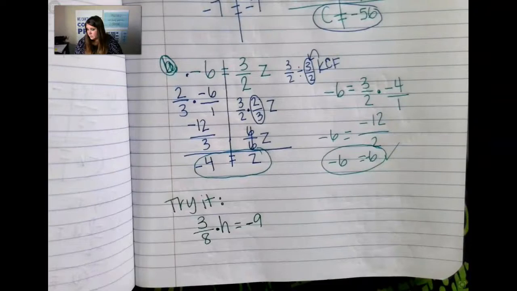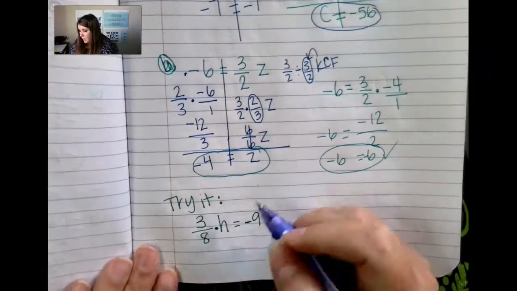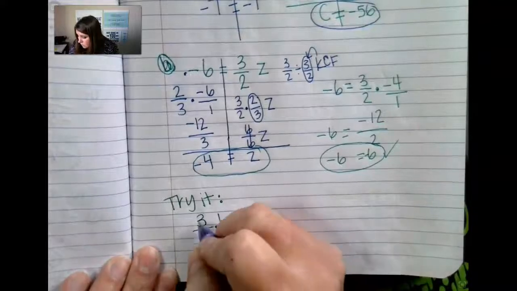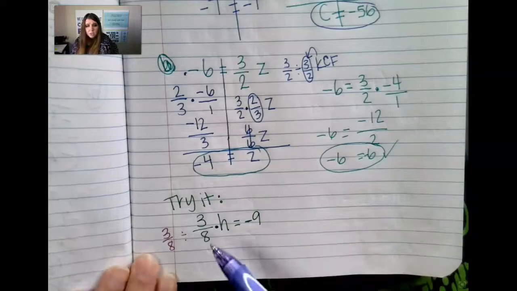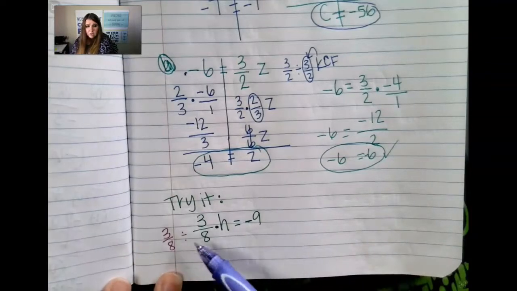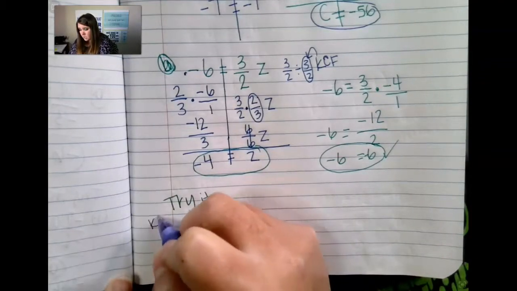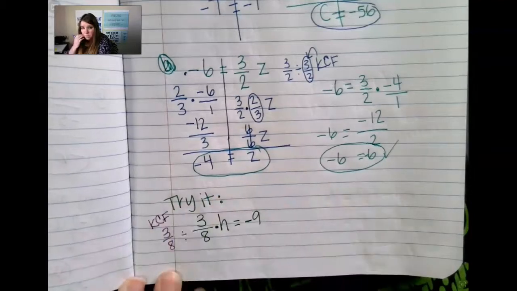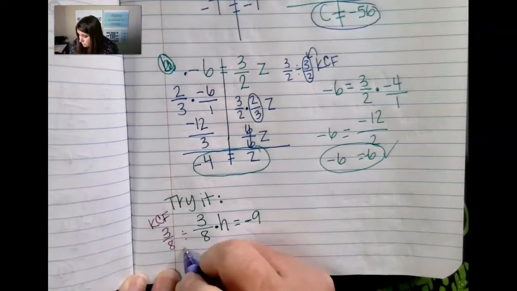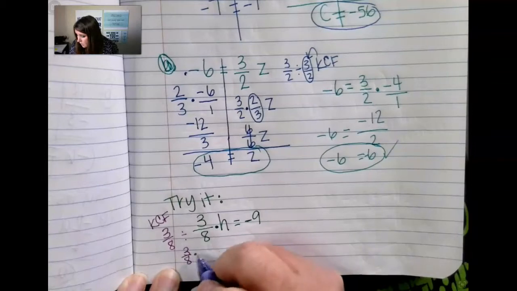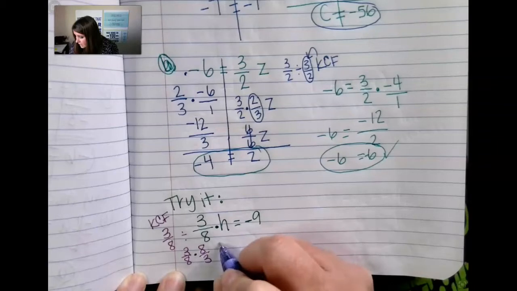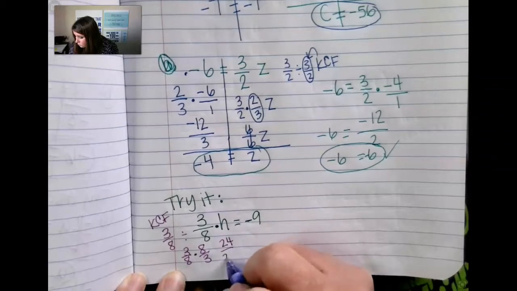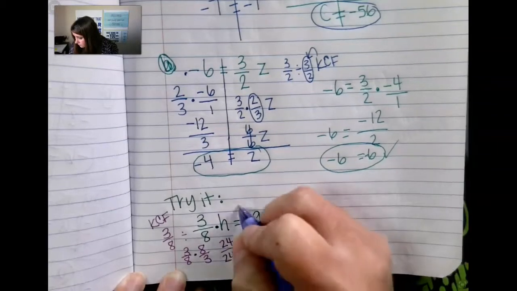Alrighty. So to undo multiplication, we have to divide. So this is really dividing by 3/8. But we know that when you divide by a fraction, we have to use keep, change, flip. So we're going to do 3/8 times 8/3, and we get 24 over 24.